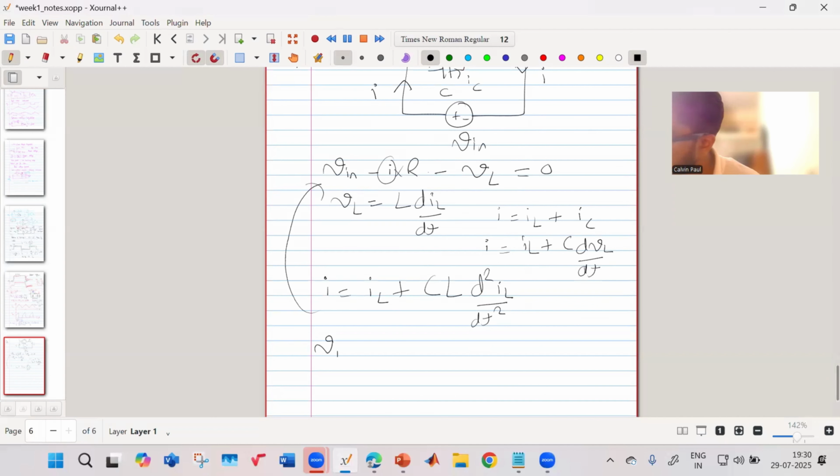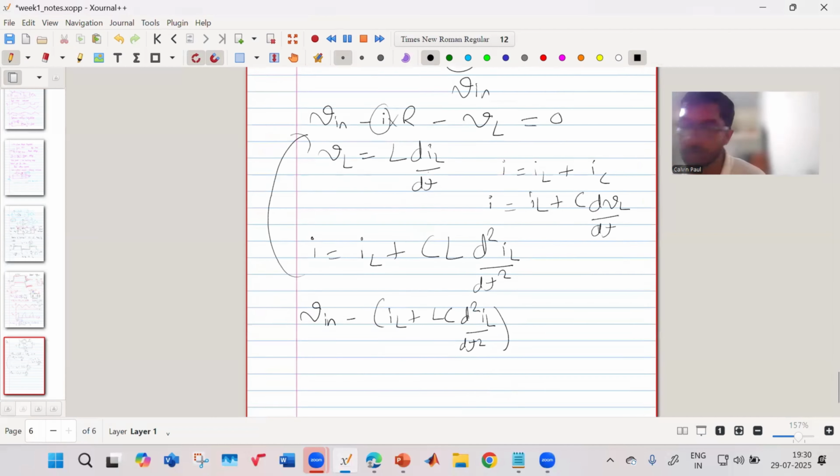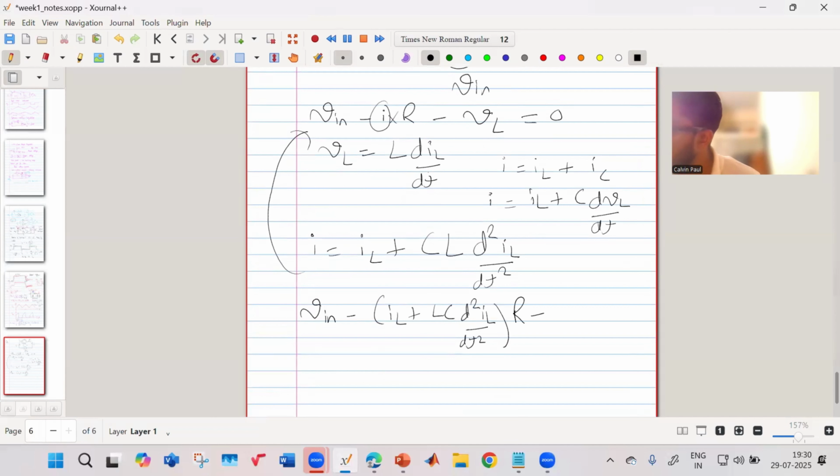So we get Vin minus IL plus LC d2IL by dt2 into R, minus VL, which is L dIL by dt, is equal to 0.